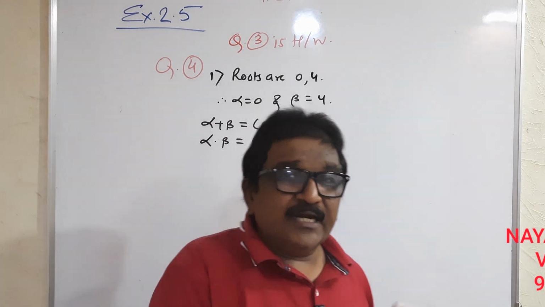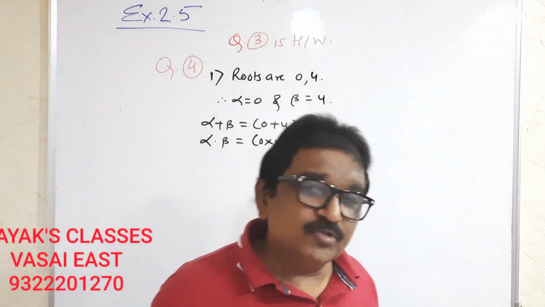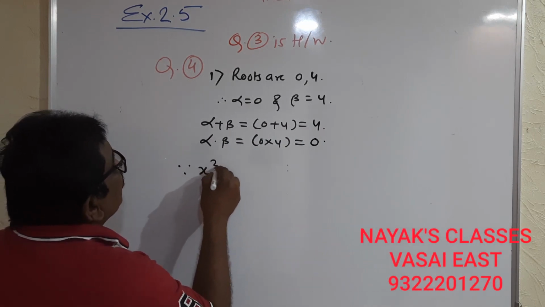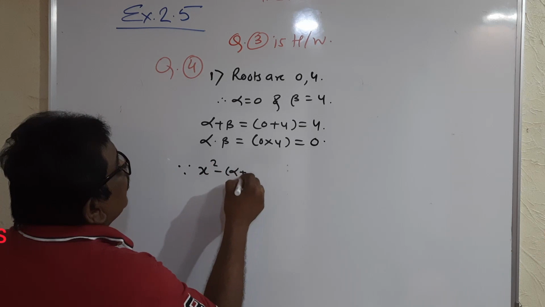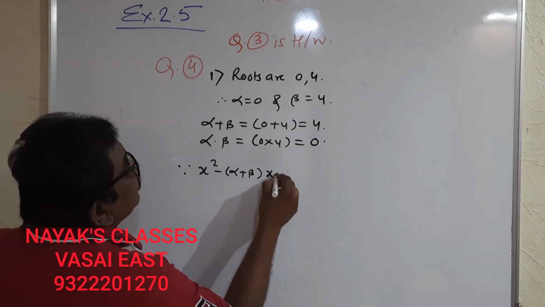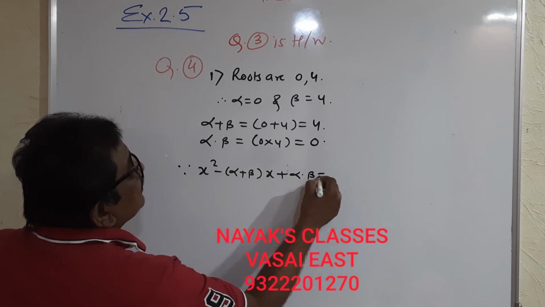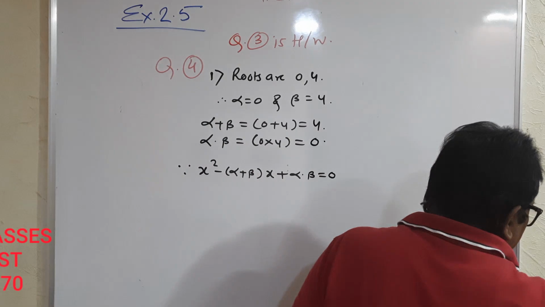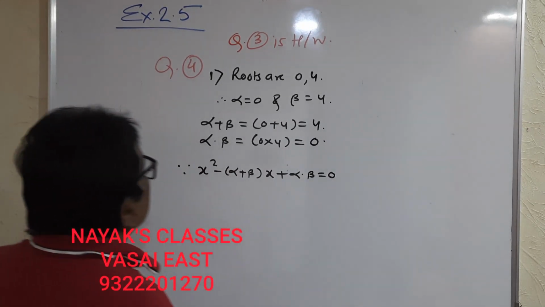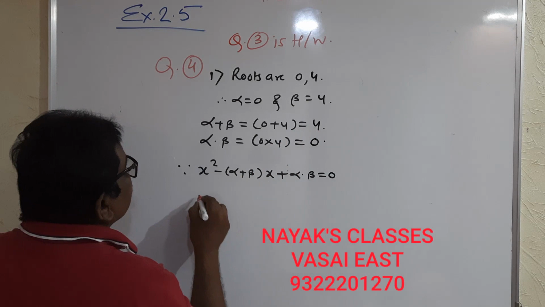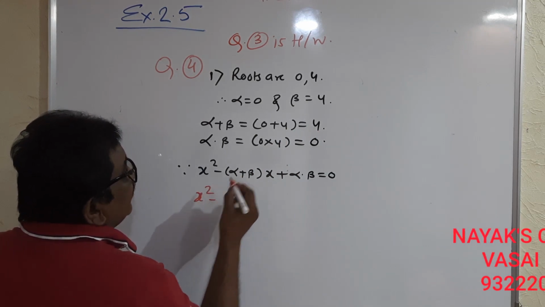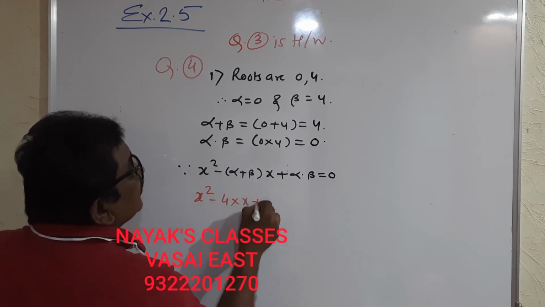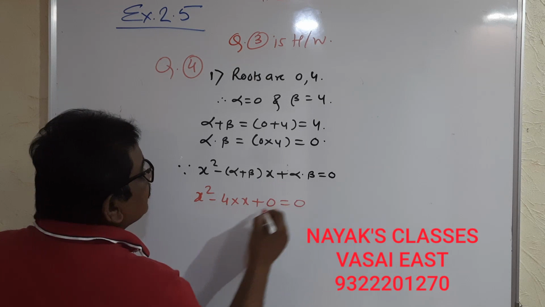By using this, the equation using the roots is x square minus alpha plus beta x plus alpha into beta is equal to 0. This is the form of equation when roots are given. So x square minus 4 into x plus alpha into beta is 0 is equal to 0.